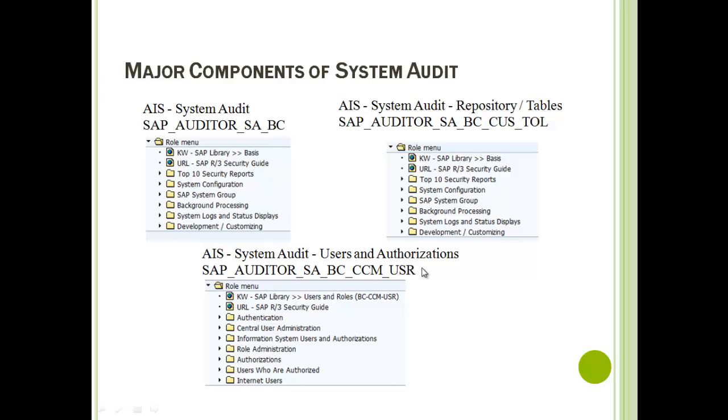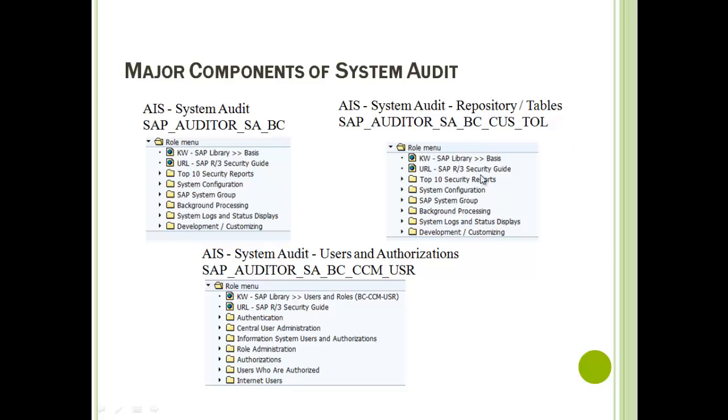Then there is user administration and authorization. This auditing option provides various ways to ensure users are managed and authorizations are assigned properly on a day-to-day basis. This section also provides information about the roles, authorizations and the authorization changes performed in the roles.